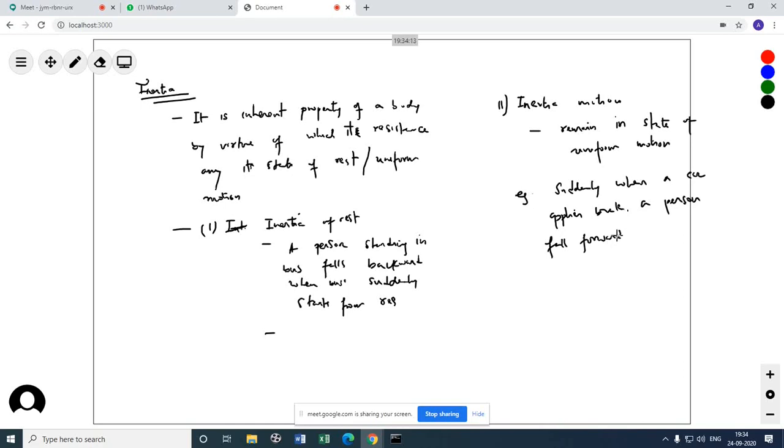Finally, it is inertia of direction. What is that? Can you tell what inertia of direction is? When the direction is changed, the body tends to keep going in its original direction, as when a body takes a sharp turn. Find an example for me.